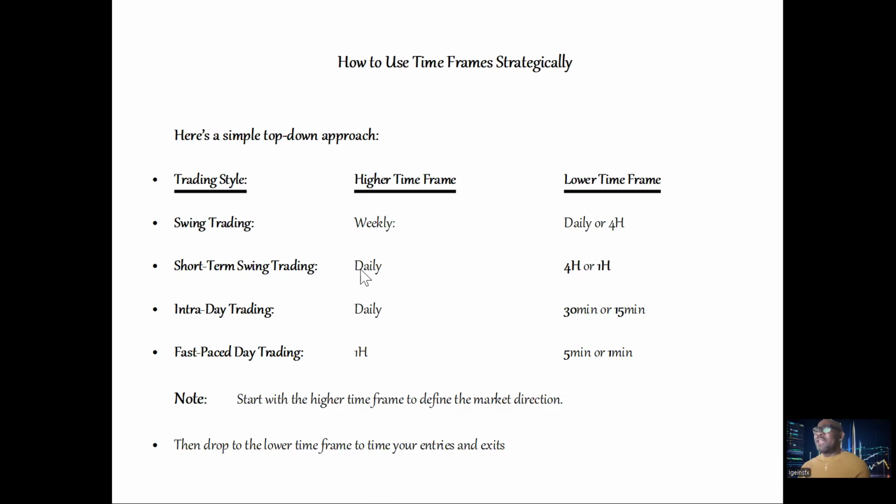The higher time frame will be daily. Then you use your 4 hours to get more details about what you have seen on the daily. Then you now use your 1 hour to execute your trade.